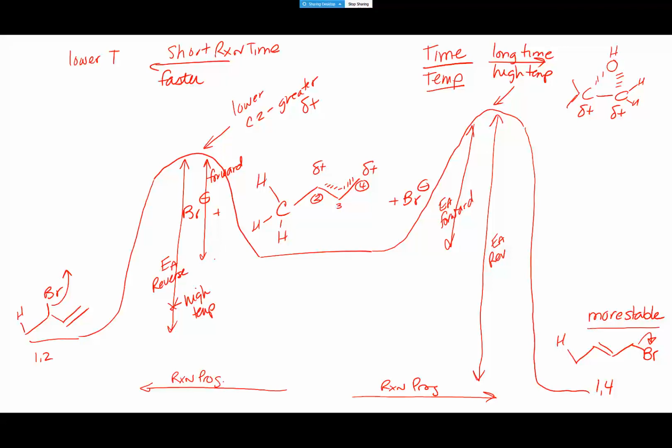Then once it goes over this barrier, it's going to be down here, and it's probably not going to get back out again, or it's less likely to get back out. So initially you form a lot of 1,2, and then you begin to form more 1,4 and more 1,4 and more 1,4. That's why these two sets of conditions go together: short reaction time, low temperature; long time, high temperature.